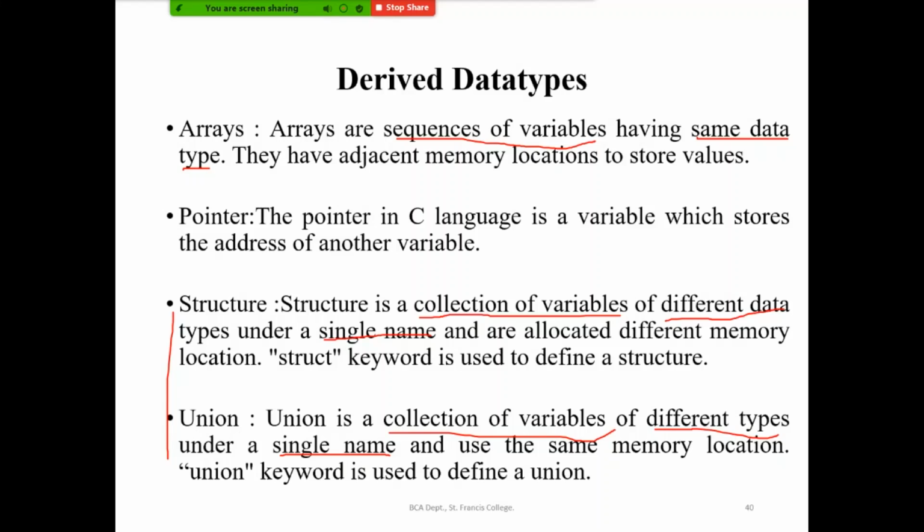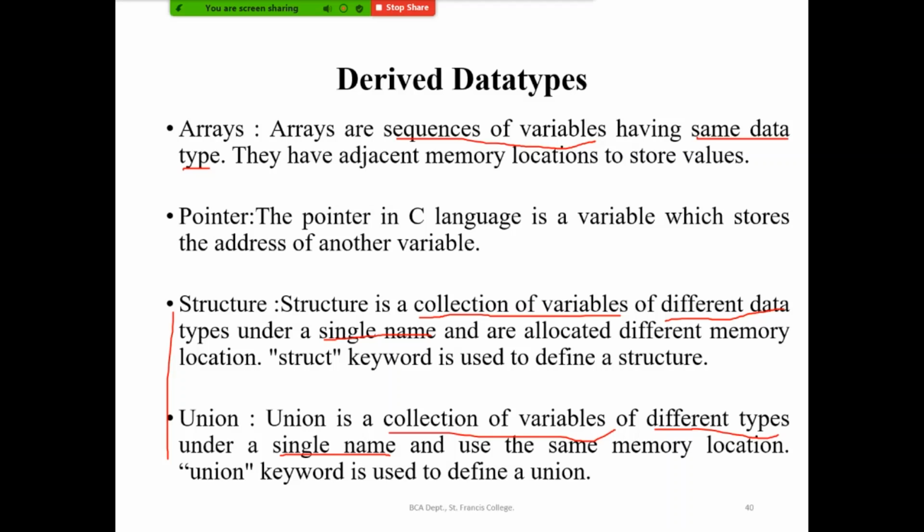Whenever we are declaring a variable, the next topic is declaration of variable, and I'll explain it again. When we are declaring a variable, whether it is a primary, derived, or user defined data type, each variable will be allocated memory space.